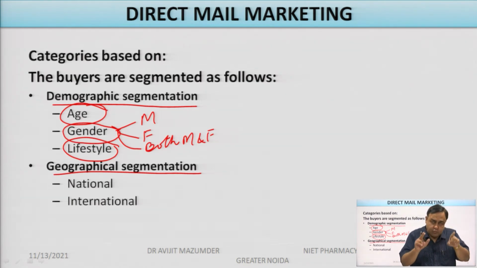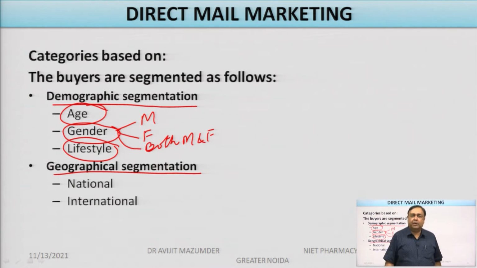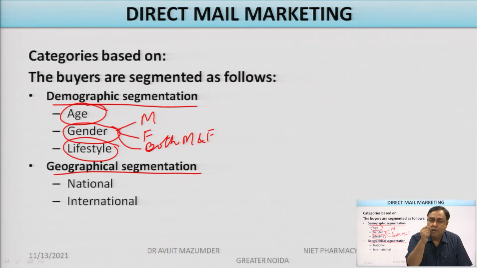If that cushion is designed for people who have backache, it may be meant particularly for people with a sedentary job style. That product may not be useful for people who travel regularly from one part of the country to the other. So, depending on the type of product you are marketing, you have to segregate the buyers on the basis of their lifestyle.